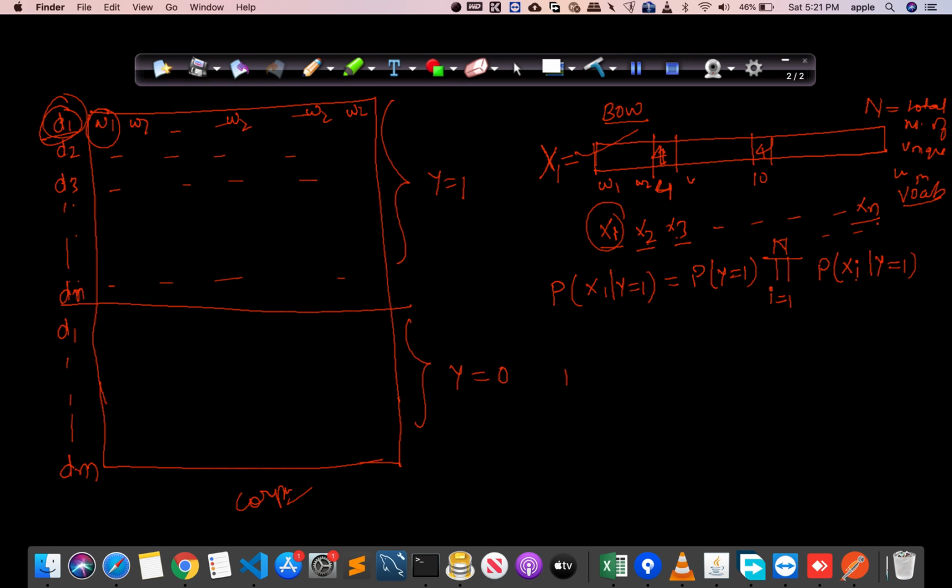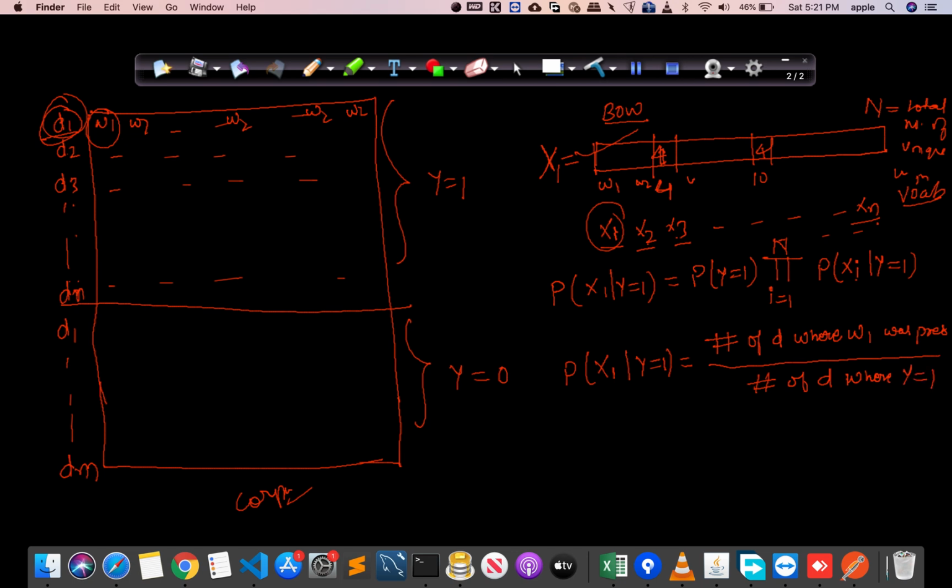So the probability of X1 given y equals 1 is the number of documents where W1 was present, divided by the total number of documents where y equals 1.